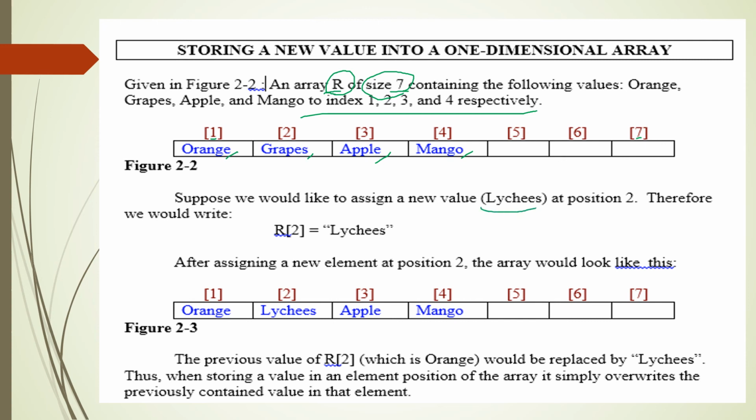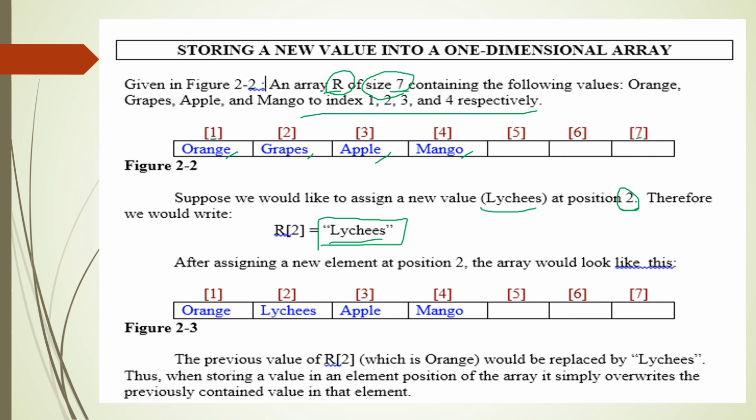Now, let us say we have a new value, lychees, and we want to store lychees at position 2. Position 2 also refers to index 2 because we start at index 1. Lychees is a constant string, so definitely the word lychees should be enclosed in quotation marks. This is how it is written.